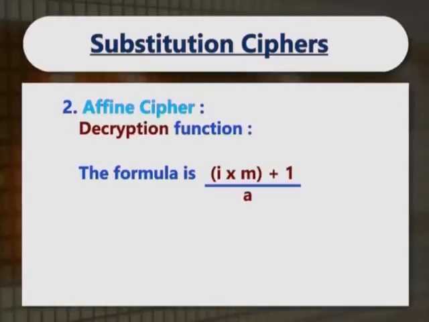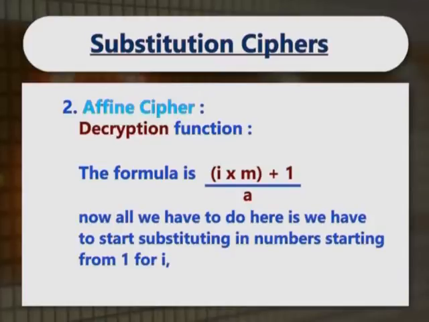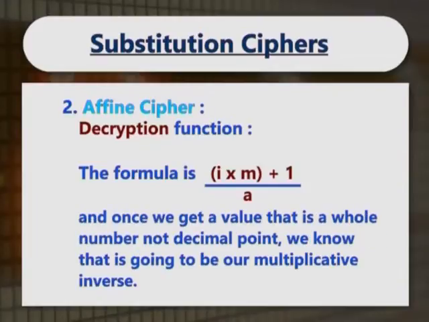There is a very simple formula for doing this, and the formula is I into m plus 1 divided by A. Now, all we have to do is start substituting in numbers starting from 1 for I, and once we get a value that is a whole number, not a decimal, we know that is going to be our multiplicative inverse.